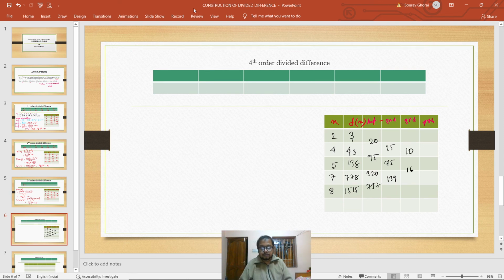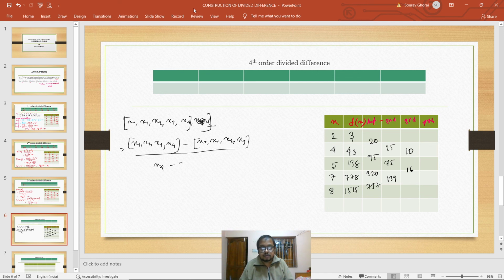Now we have to find the fourth order divided difference table. That means it will contain 5 points, and here we will get only one value. So from here we can get [x1, x2, x3, x4] minus [x0, x1, x2, x3] divided by x4 minus x0.